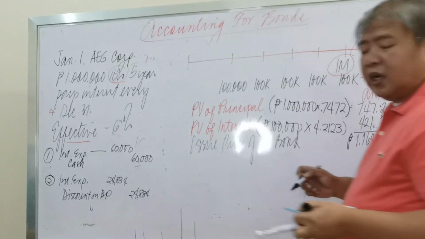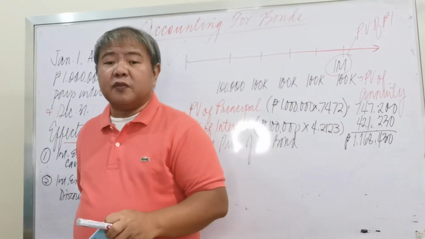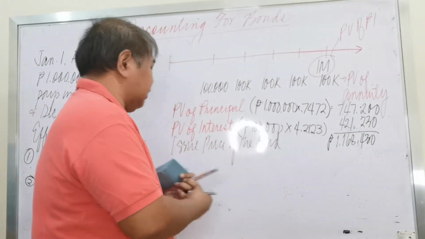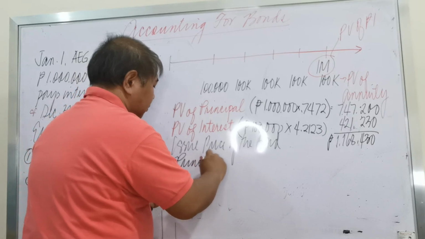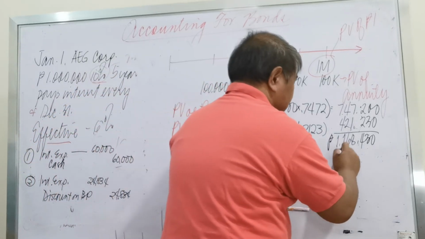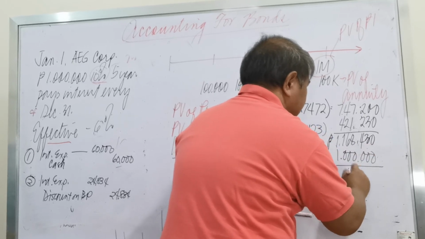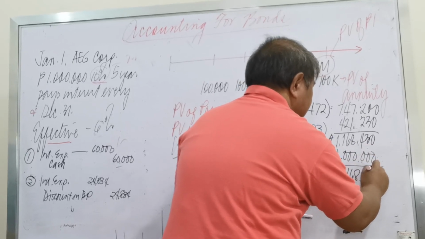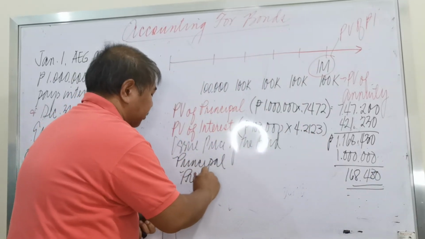Now, if you notice, the issue price of the bond is higher than the principal amount of the bond, which is 1 million pesos. There's a difference of 168,430, and this is what we call a premium.